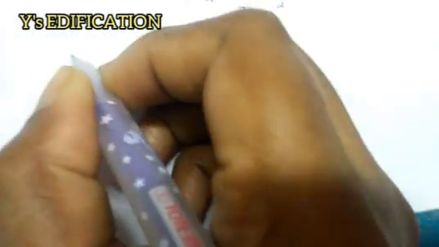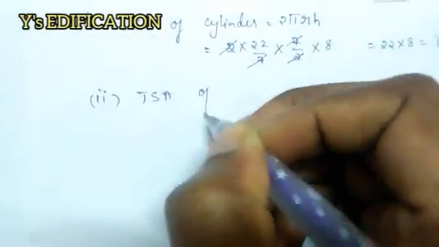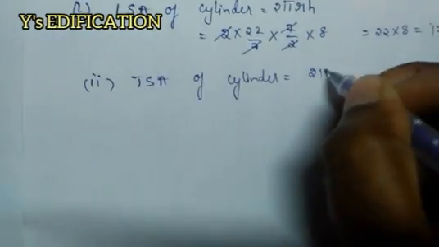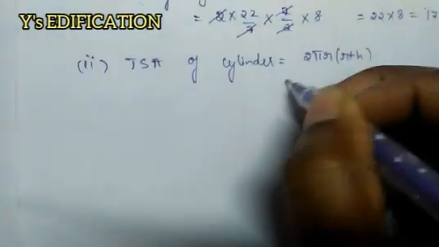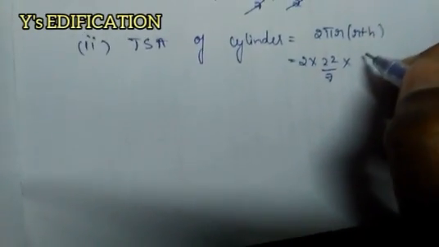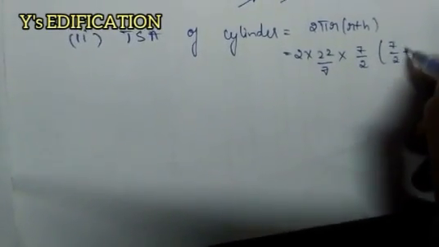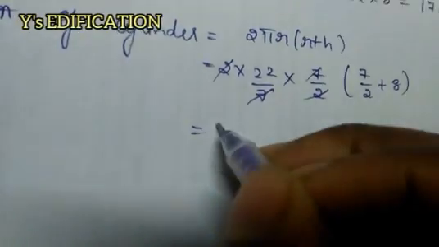Okay. Next one. What do we have to find? The TSA of the cylinder. So what is the formula for the TSA of a cylinder? 2 pi r into (r plus h). So what is the pi value? 22 by 7. What is r here? 7 by 2 is r. Next, 7 by 2 plus 8. Again 7 cancels, 2 cancels, 22 is left.